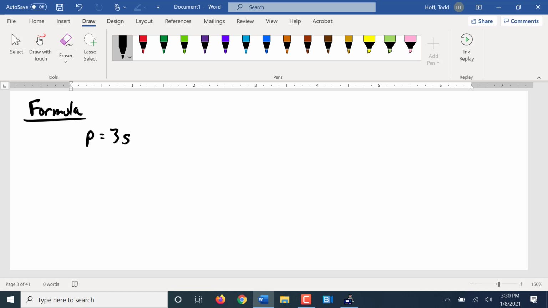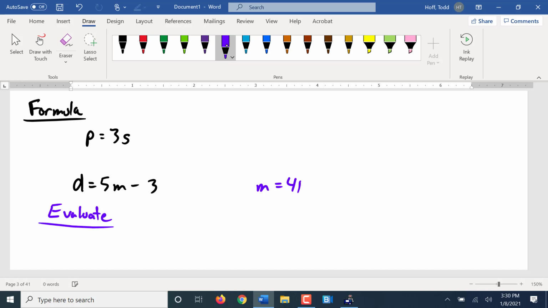But as we get to more and more complex formulas, we might have something like D equals 5m minus 3. If we know that m equals 41, to evaluate that, the word evaluate means to put in the values that were given for the variables and figure out what that numerical value is once we've done that.